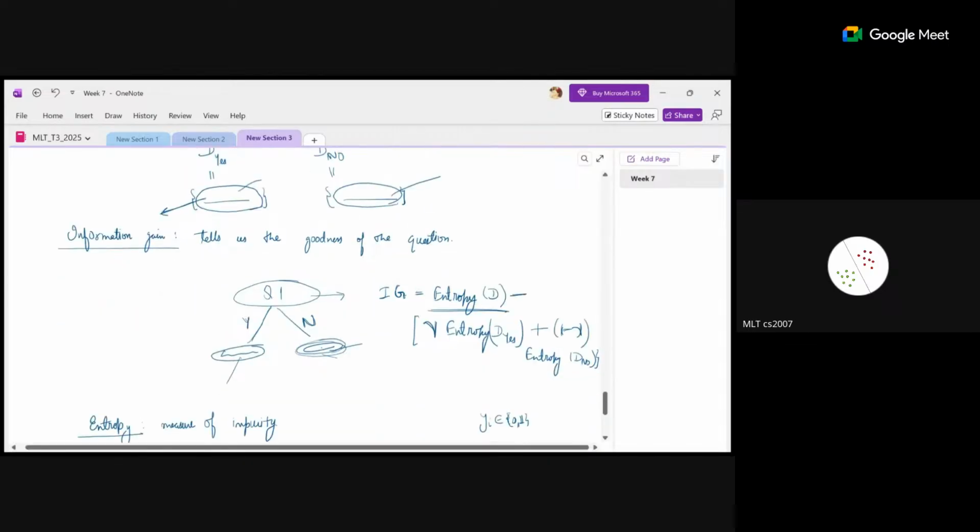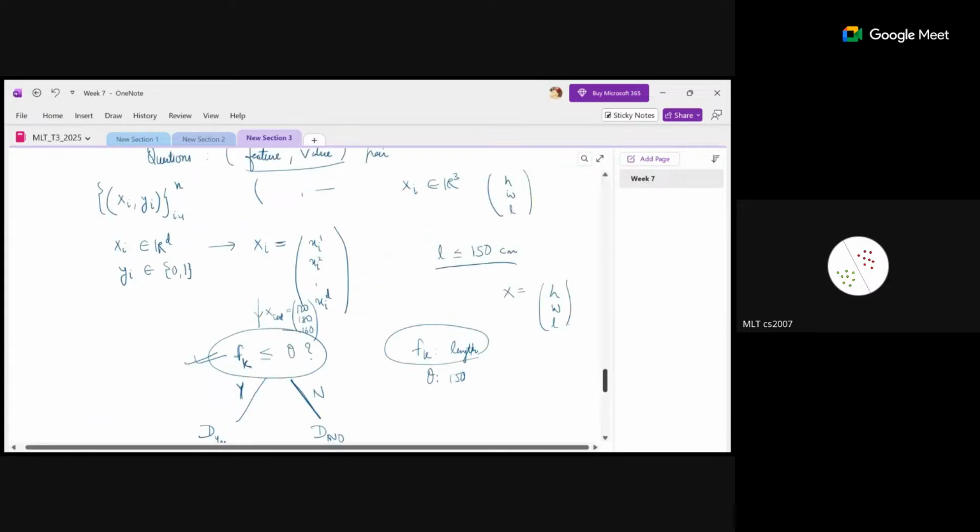When we say information gain, what do we want? The more the information gain is, the better the question is. Because if the information gain is more, it means that by asking this question I am able to remove more randomness, since you are subtracting this weighted entropy part from the overall randomness.